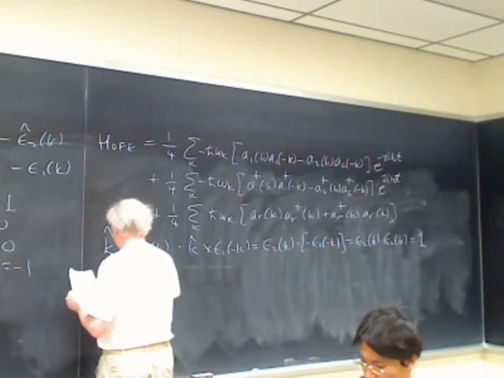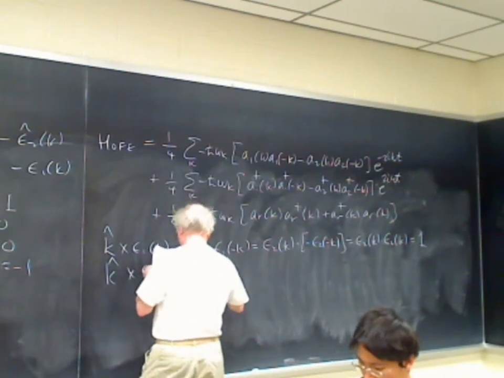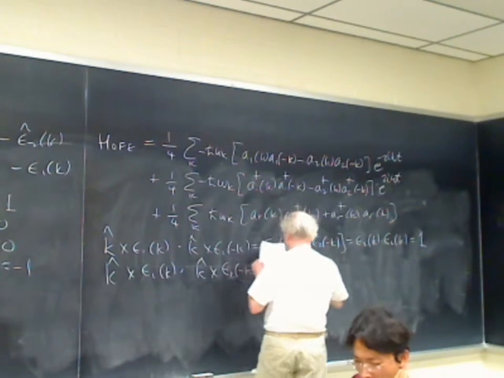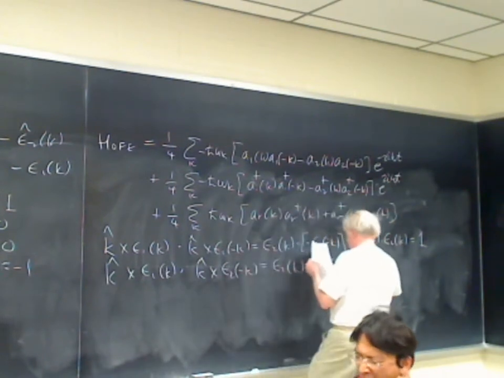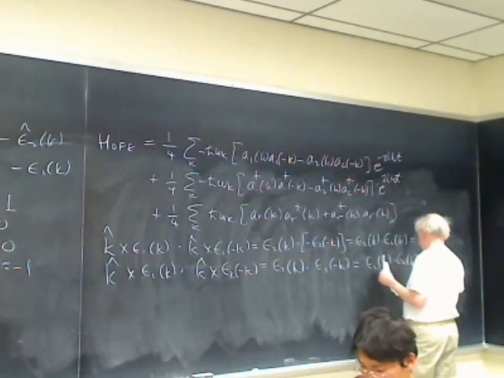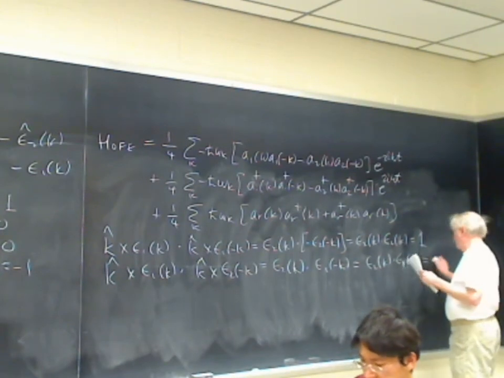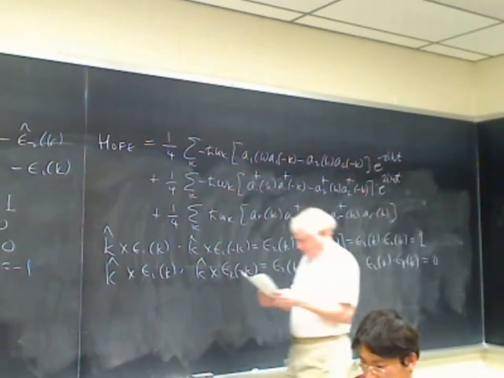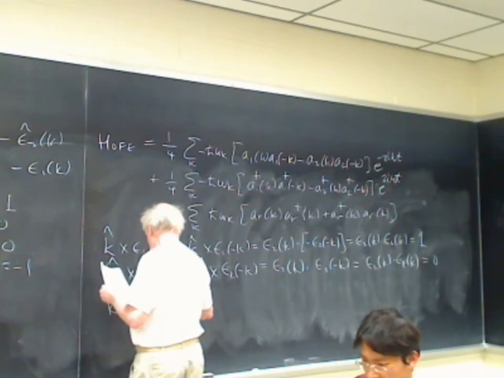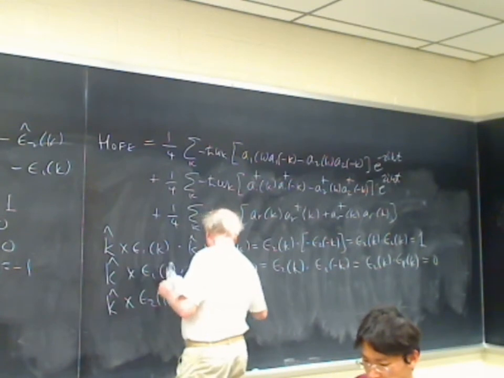The next one is k hat cross epsilon 1 of k dot k hat cross epsilon 2 of minus k, and this is epsilon 2 of k dot epsilon 1 of minus k, and this is epsilon 2 of k dot epsilon 2 of k, dot epsilon 1 of k, and then 0. And similarly, k hat cross epsilon 2 of k dot k hat cross epsilon 1 of minus k.